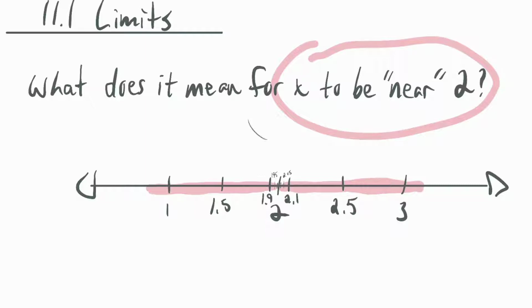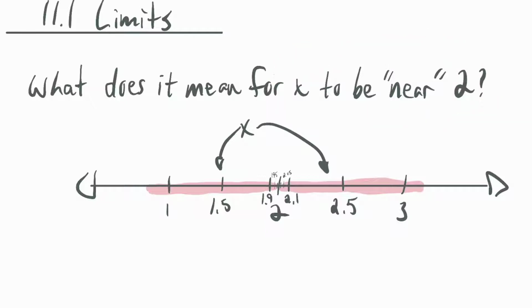X is going to be somewhere, oops, let me change that stylus size. X is somewhere over here or somewhere over here, right? But not equal to 2. When I say that x is near 2, it kind of implies not equal. So we're going to be a little bit to the left, a little bit to the right. So this kind of region, this is called a neighborhood of 2.